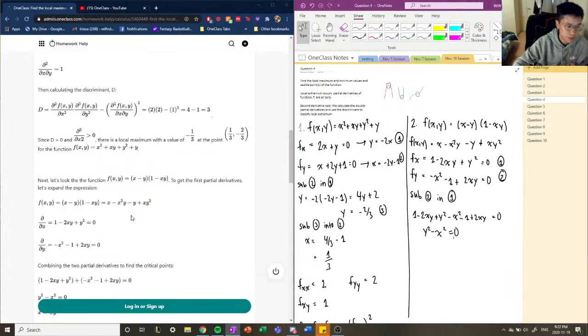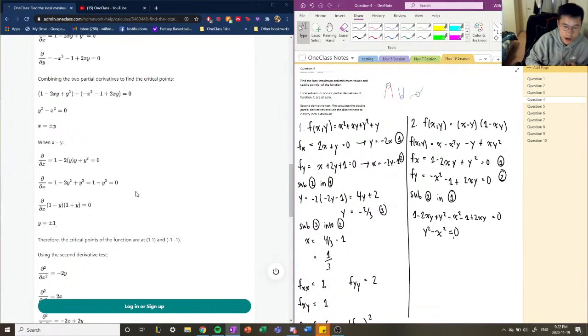Okay. So now we have figured out that x equals, if we move both sides, they cancel out, positive or negative y, because we're square rooting a square, right? All right, so since x equals positive or negative y, we're going to sub in x equals y into our partial derivatives here.